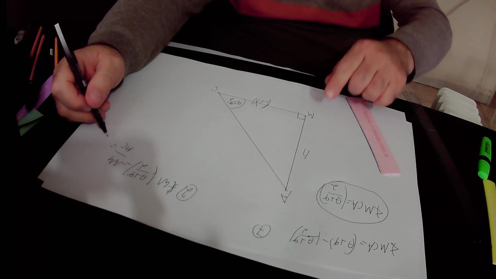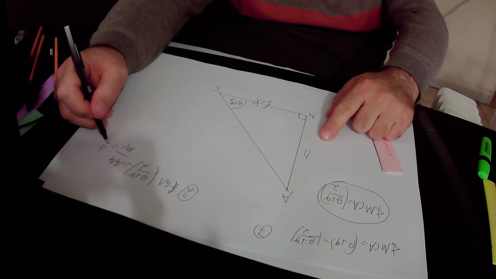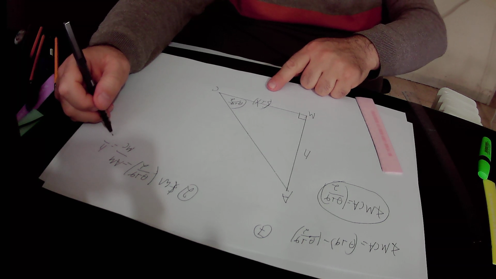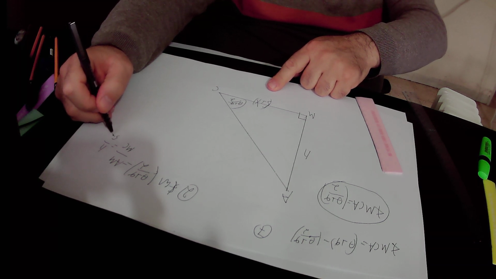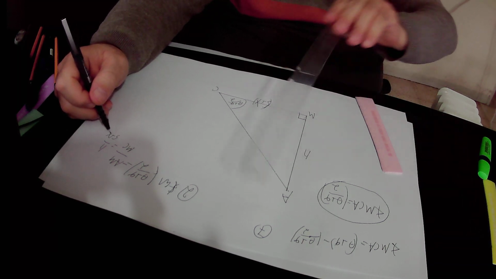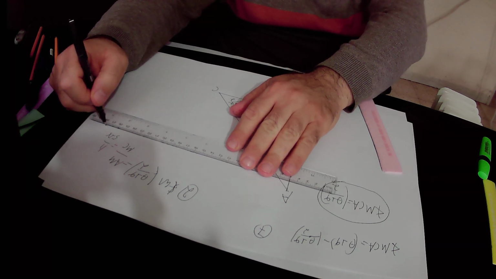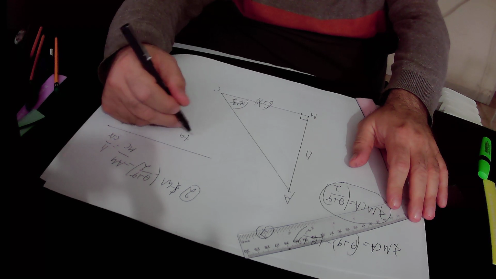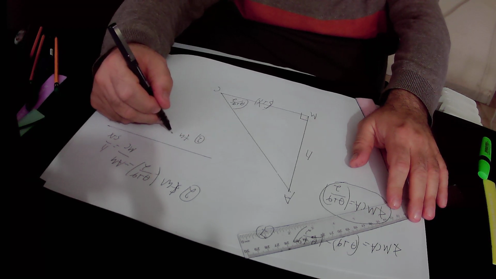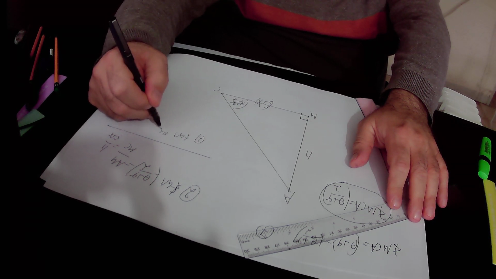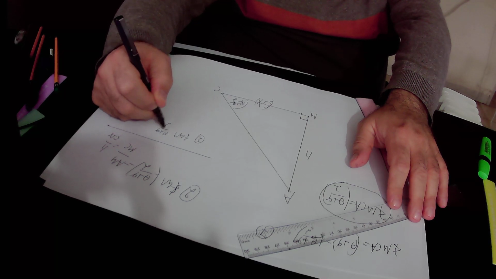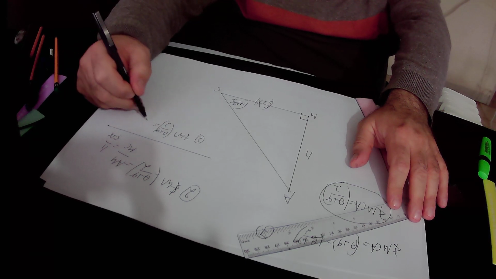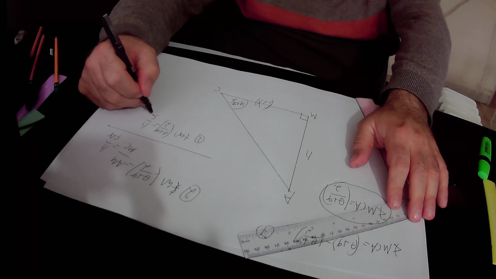But according to our definition, AM equals H, and MC we already found out equals 5 plus X. So according to equation number 2, tangent of theta plus alpha over 2 is equal to H over 5 plus X.